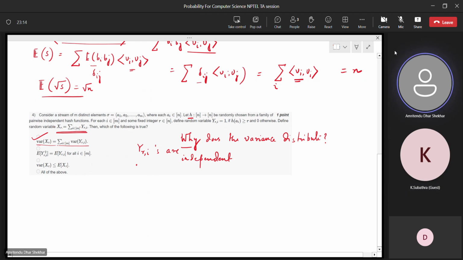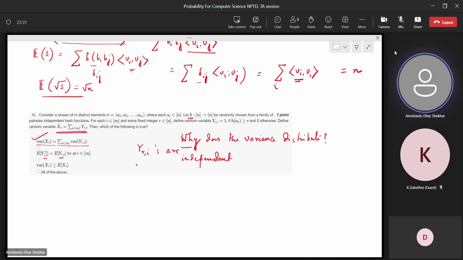Now the second one, why is the second one correct? Well, notice that each of these are indicator random variables. An indicator random variable has only two values, it's either 1 or 0.